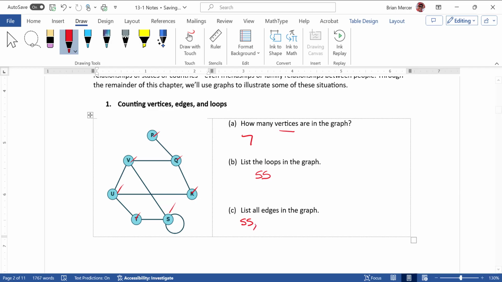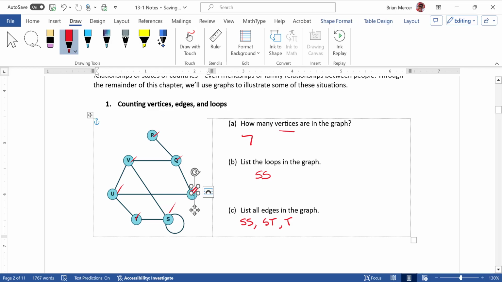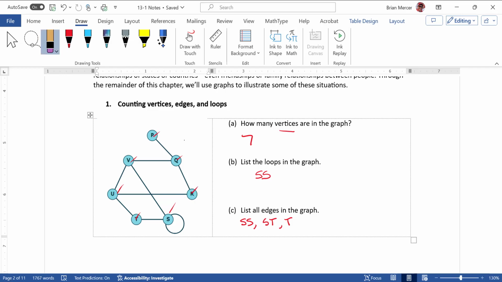But then we've got ST. We've got TU. And I'm going to back up here and just mark these off as I go. Some good habits. The eraser doesn't seem to work sometimes, so I'm just going to delete them one at a time.